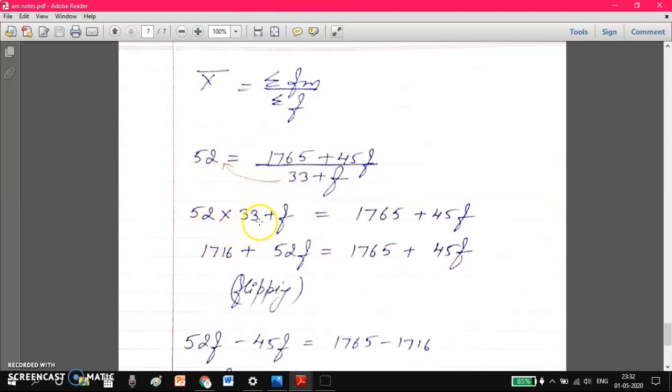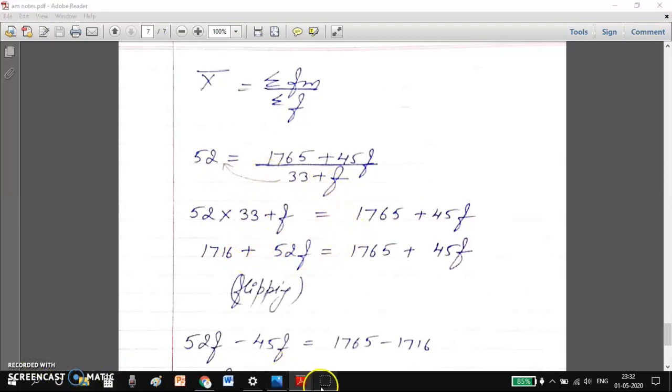Here 52 and 33 will multiply, and we multiply 52 with f as well. 52 multiplied by 33 is 1716, and 52 multiplied by f. Because when there is a single alphabet, it has 1 with itself, so 52 multiplied by f will be 52f.